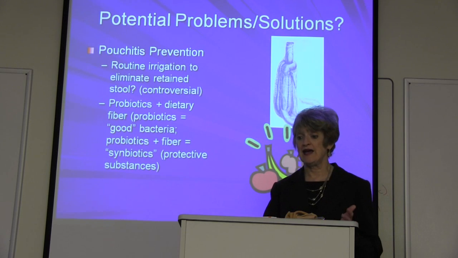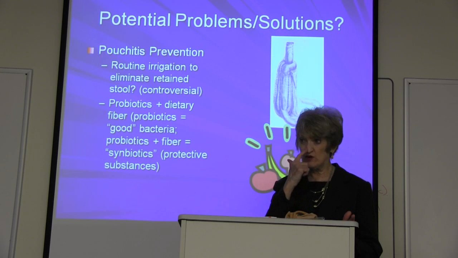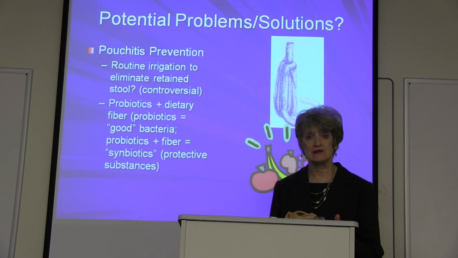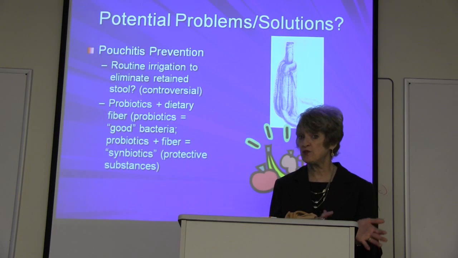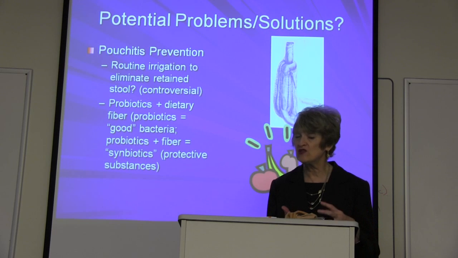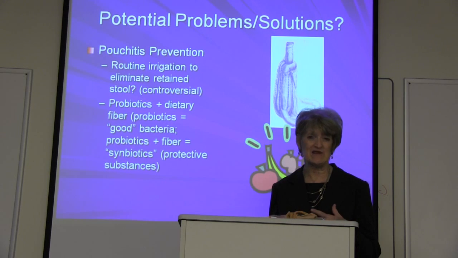Pouchitis is a very difficult complication. It makes people feel bad. We know how to treat it, but it keeps coming back. So obviously what we want to do is prevent it. But it's hard to prevent pouchitis because we don't truly understand what causes it. So let me tell you some of the things that have been tried and tell you what the current thinking is.